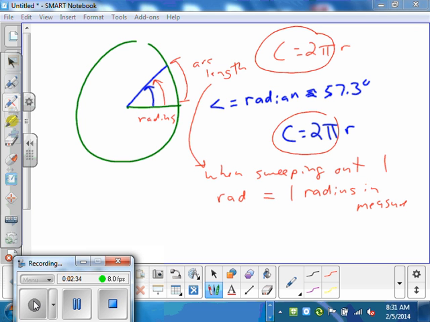Okay, does that make sense? So if this radius here is 2, when I sweep out 1 rad, this arc length is 2.